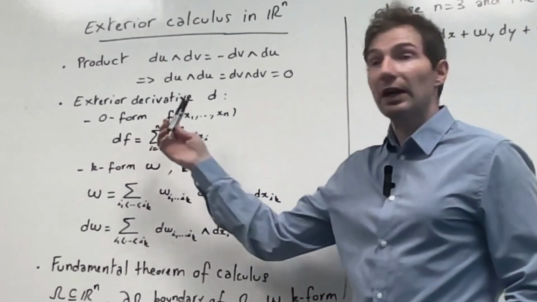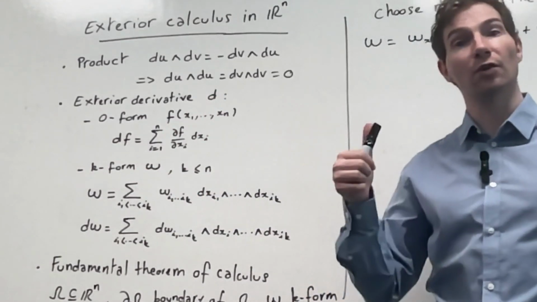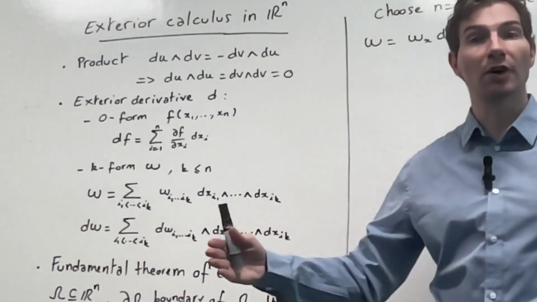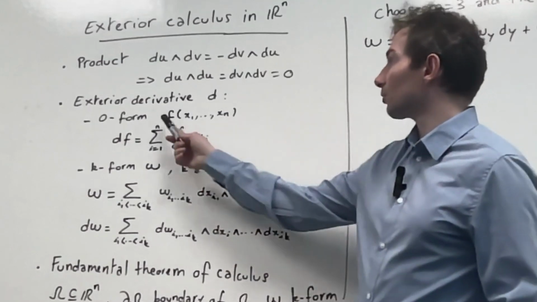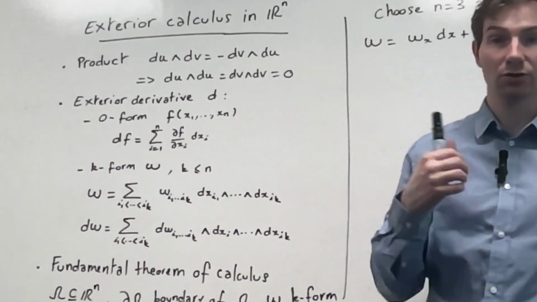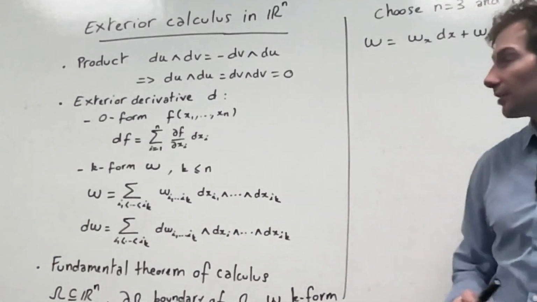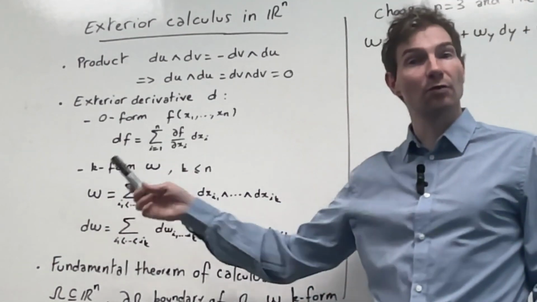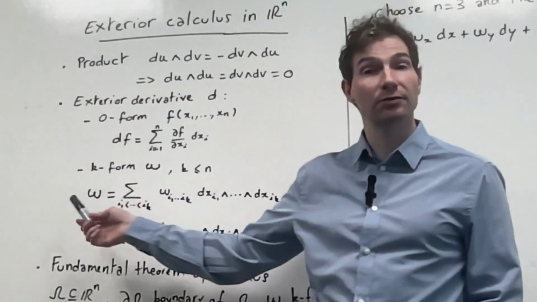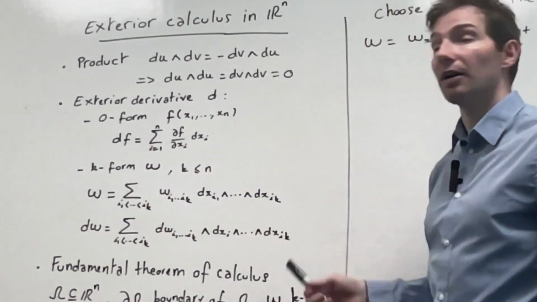Now, the way I like to define the exterior derivative is by defining how it works for a zero form, which is basically a scalar function from Rn to R, that I call here, for example, f, and by definition df simply returns the total differential. So nothing special here. However, for any other k-form where k is less than or equal to n, the general forms, for some reason, are usually called omega. They are going to follow this particular definition.